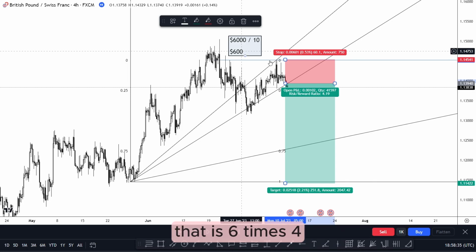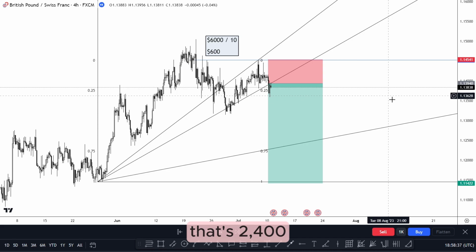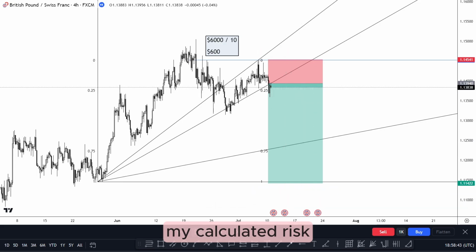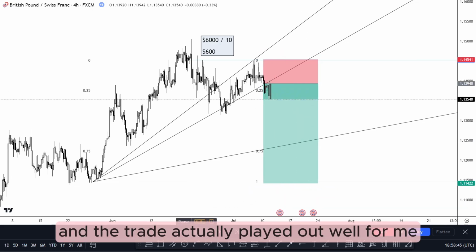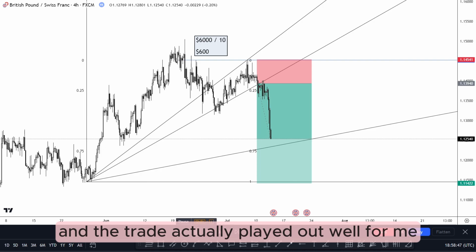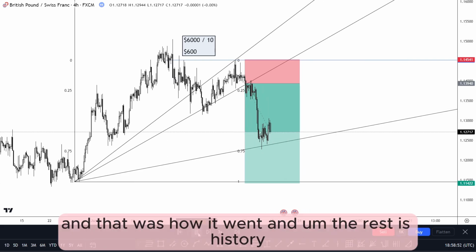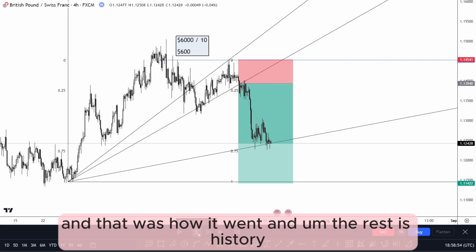That is 6 times 4. That's 2,400. So that was how I booked into the trade, my calculated risk, and the trade actually played out well for me. And that was how it went, and the rest is history.